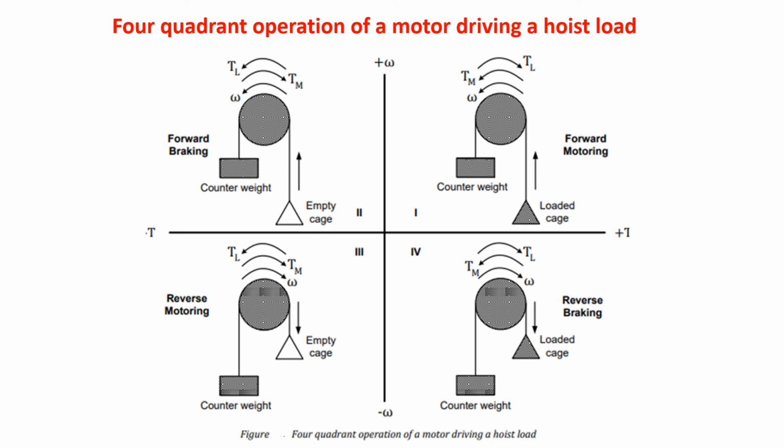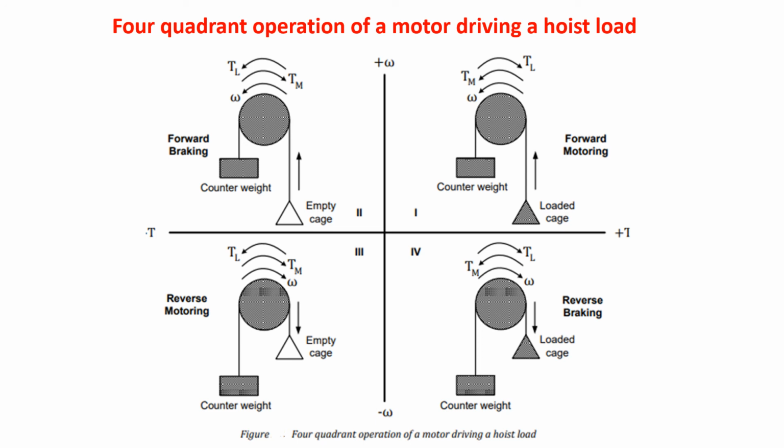In the case of quadrant 3, if you consider the empty gauge lowered, since your empty gauge weight is always lesser than the counterweight, the motor produces a torque in clockwise direction.